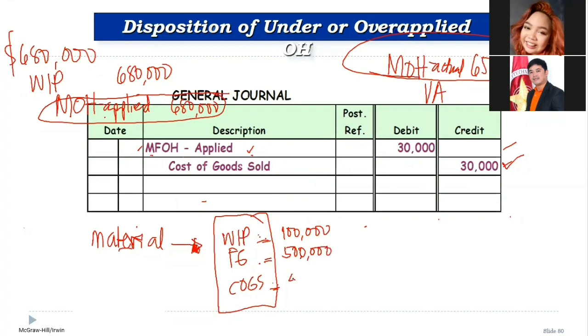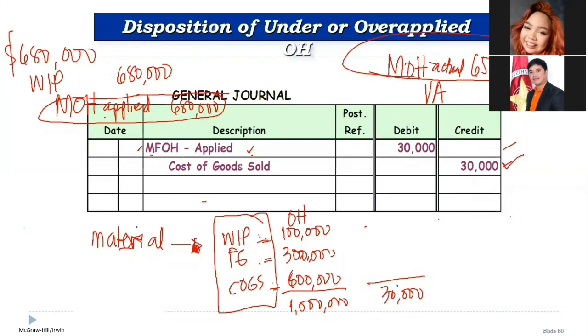Ito po ay 300,000. Ang COGS ay 600,000. Ayan. So ang total po ng OH balances natin, for example, ay 1 million pesos. We are going to allocate the 30,000 na over-applied sa tatlo na yan.